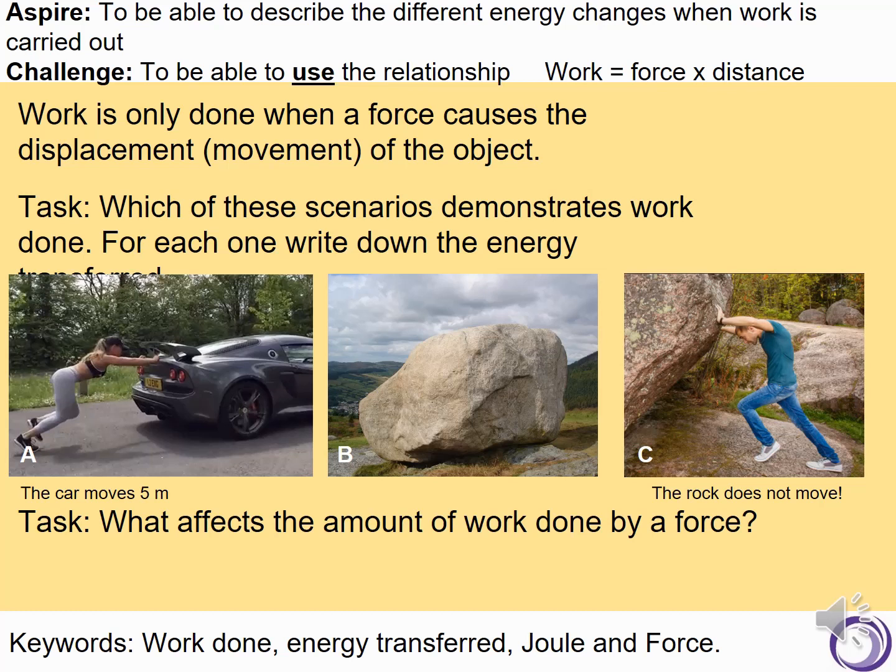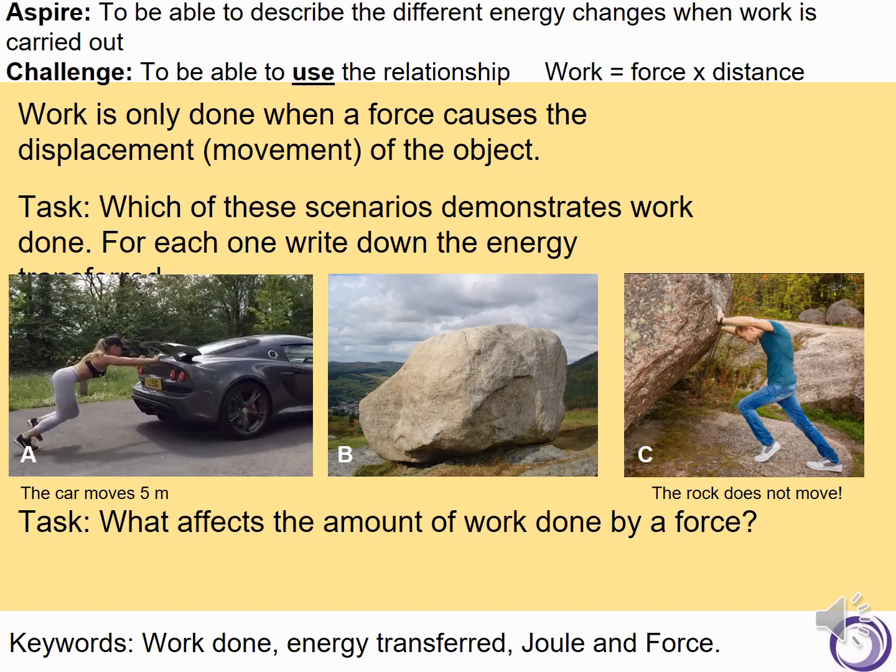Starting with diagram A, I've written underneath that the car moves 5 meters. So therefore, if work done equals the force, then we have a push force from the girl who's pushing on the car, and we have a distance moved which is 5 meters. Therefore energy is being transferred, so therefore work is being done.